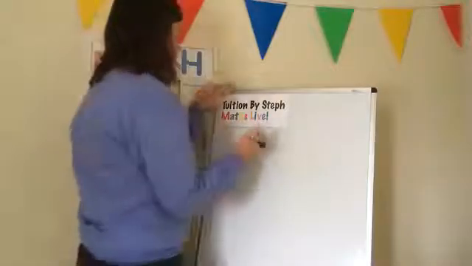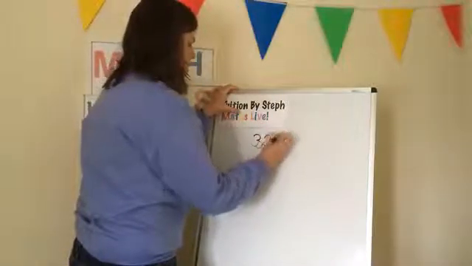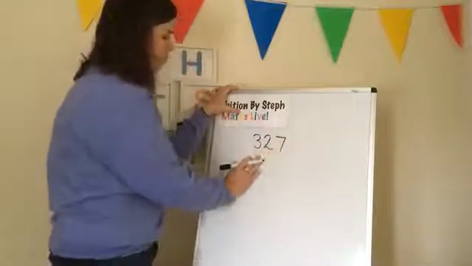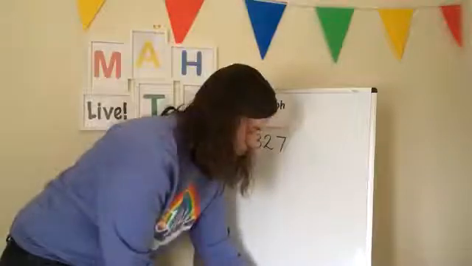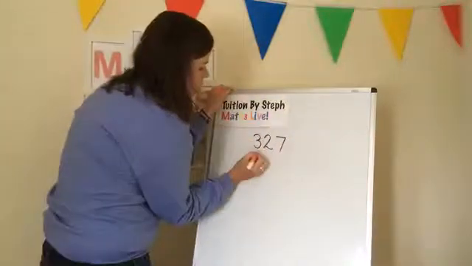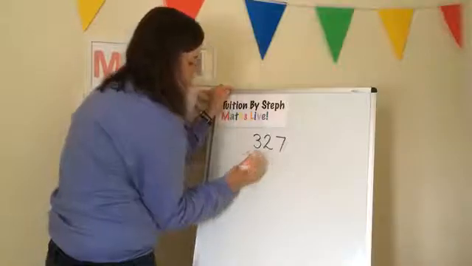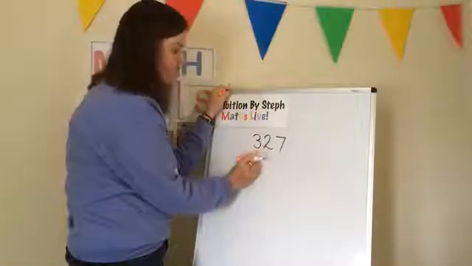Okay. So say we have the number 327. Now then, we're rounding to the nearest 100. Here is our hundreds column. Hundreds, tens, ones. It's currently in the 300s.